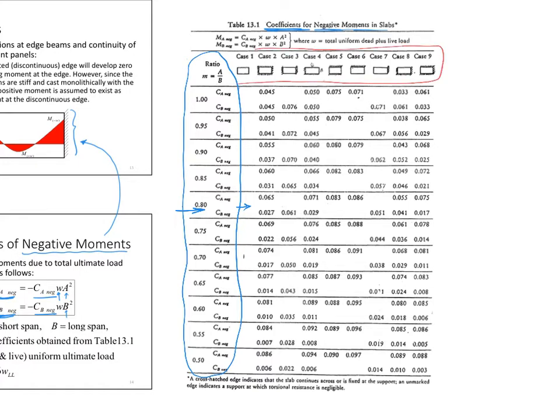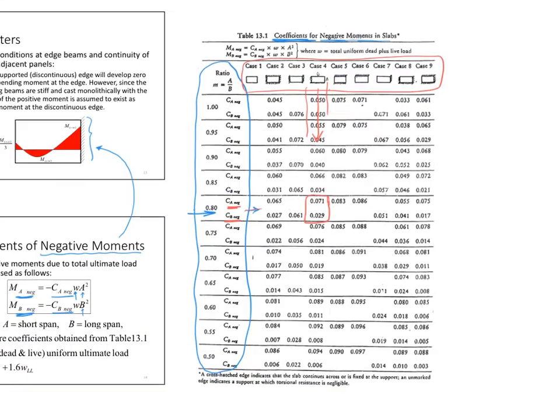Whichever case, for example, I got case number 4, then I have to go through this column. So I have column and I have row, and then I find the 2 coefficients. What are the 2 coefficients here? The top one becomes CA negative, and the bottom one becomes CB negative. So we have obtained the 2 coefficients to be able to use them in the equation.